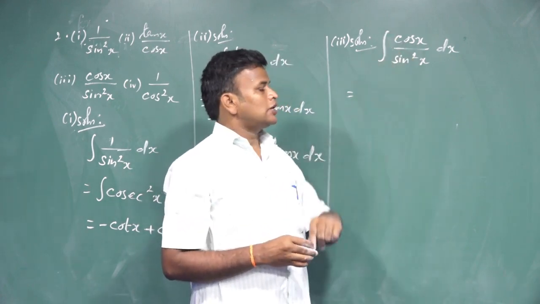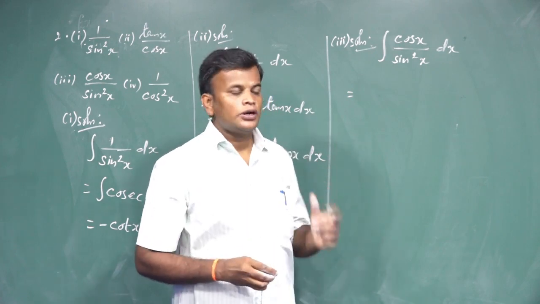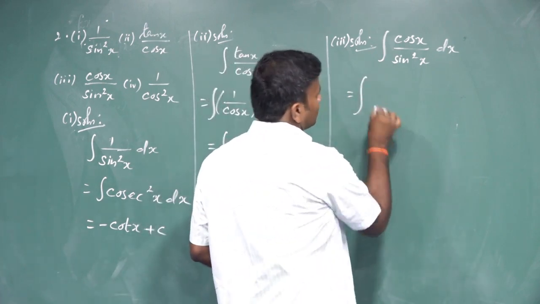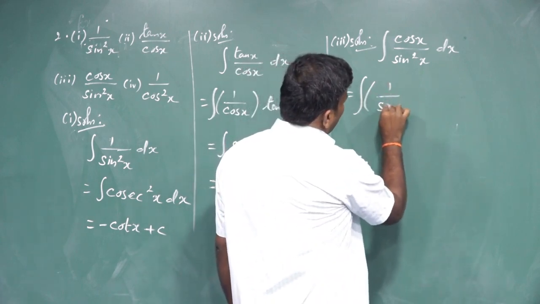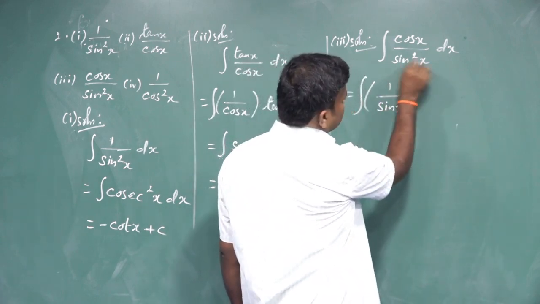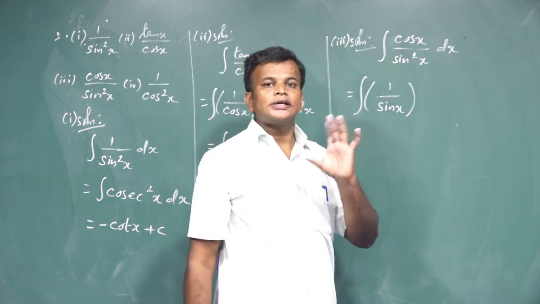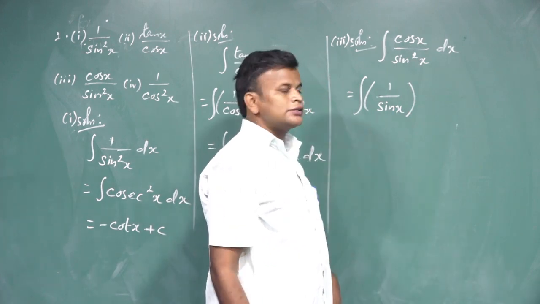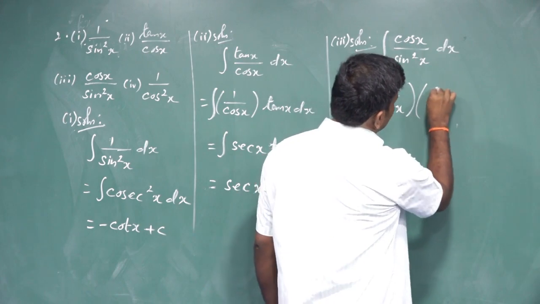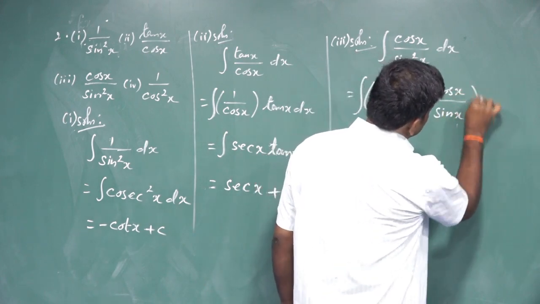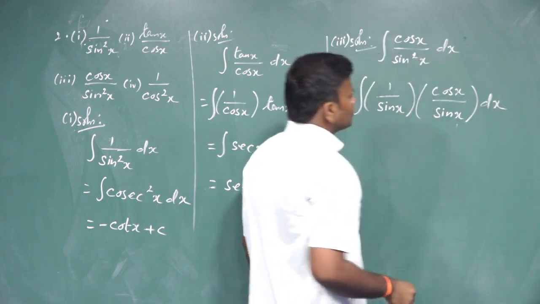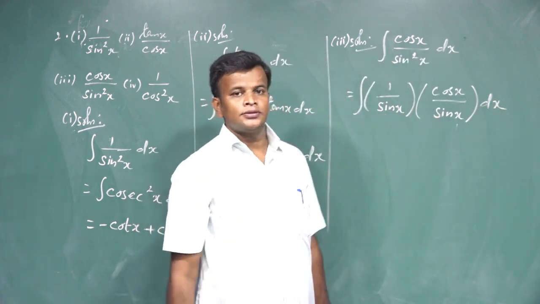Cos x by sine square x. So how to write? I write cos x by sine square x as 1 by sine x, splitting the sine square x as sine x into sine x, into cos x by sine x. So you check it is possible.